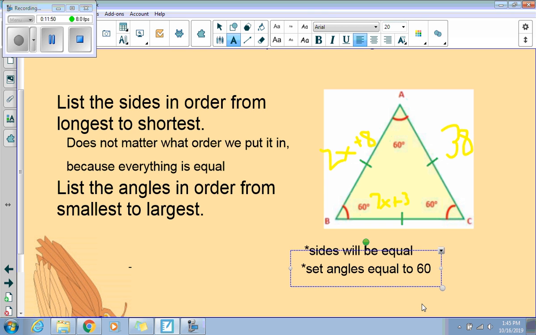In an equilateral triangle, all the angles are the same. They're all going to be 60 degrees. Now, if they only gave us 2x plus 3, we could also set it equal to 60 because we knew it was an equilateral triangle. So please keep that in mind.